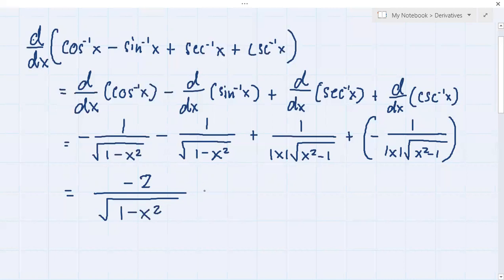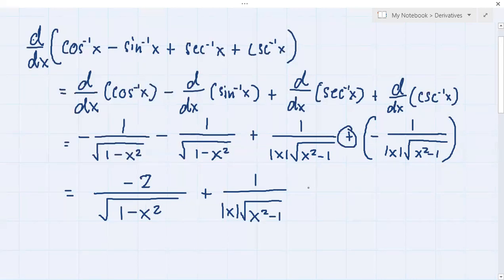Okay. Dito naman sa third term at saka sa fourth term, try natin silang i-rewrite ulit. 1 all over the absolute value of x times the square root of x squared minus 1. Then dito sa last term, di ba meron tayong positive sign at meron tayong negative sign.